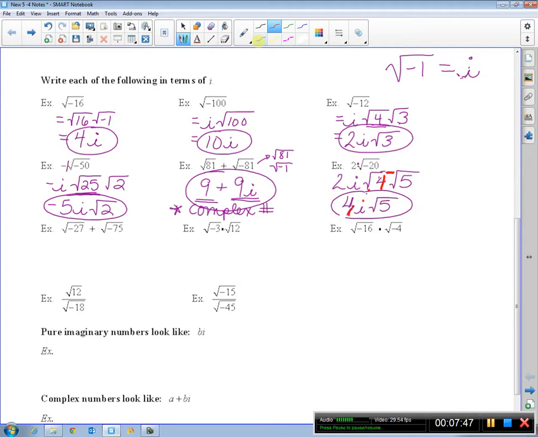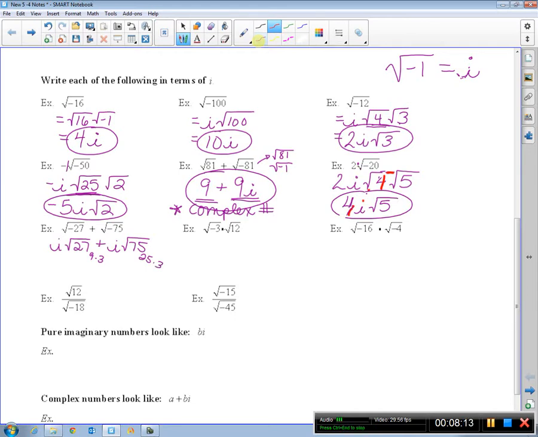Square root of negative 27, i, and then the square root of 27. However, we're going to simplify that. Square root of negative 75, i, square root of 75. So let's work on those. This is 9 times 3. This is 25 times 3.